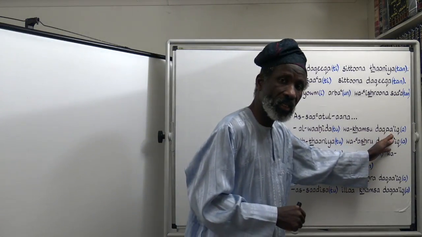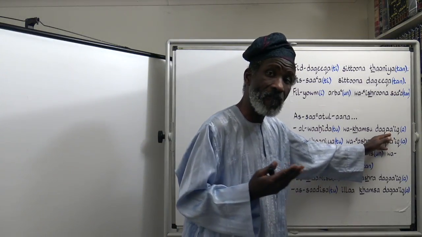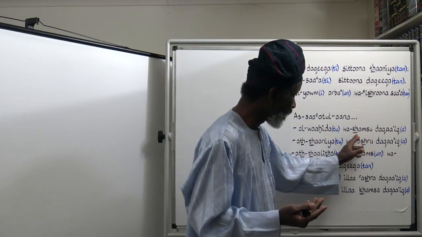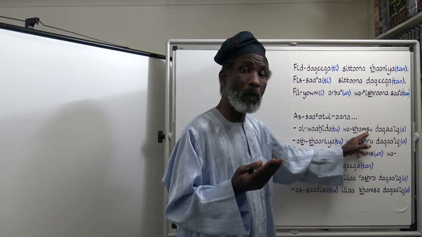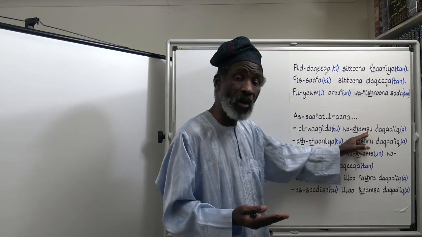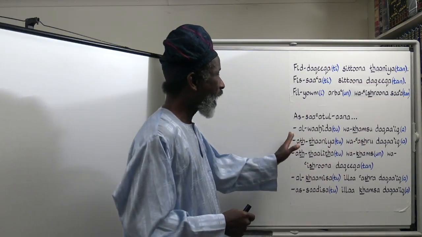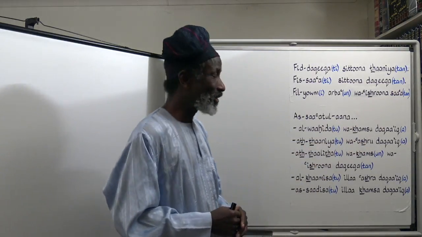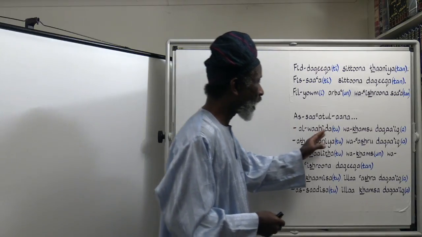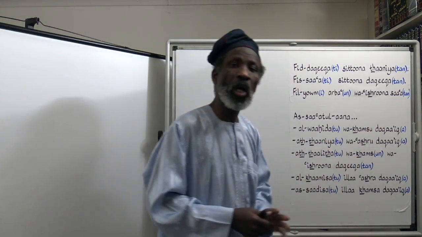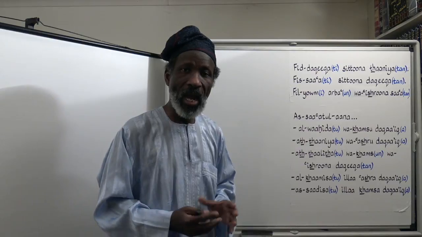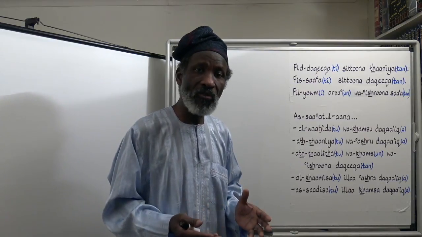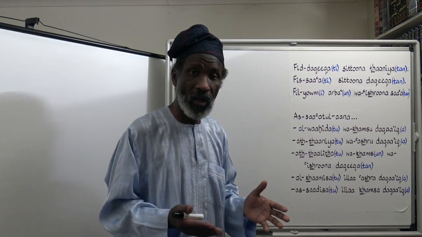Because دقائق, the minutes, is feminine, we are using khamsu, which is the masculine version of 5. So as-sa'atul an, the time now is al-wahidatu wa khamsu daqa'iq. The time now is 5 minutes past 1.